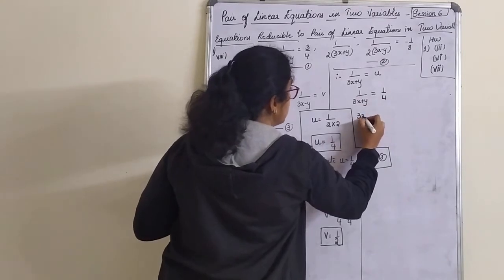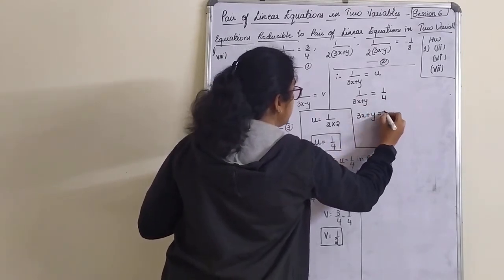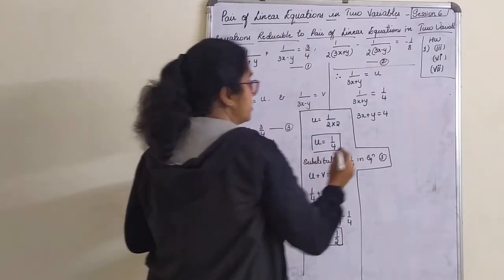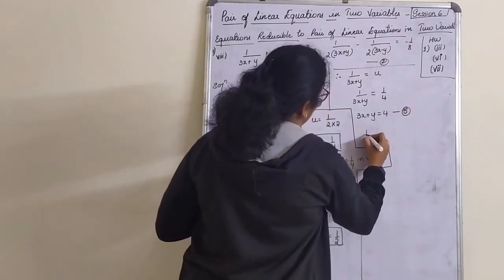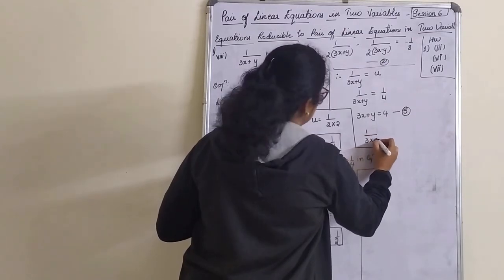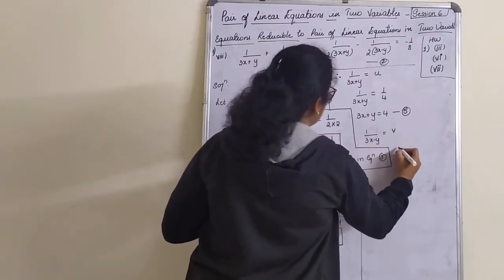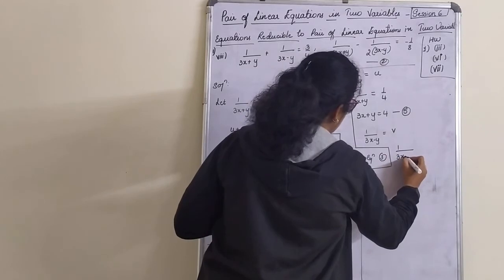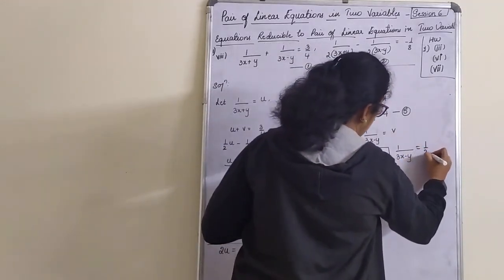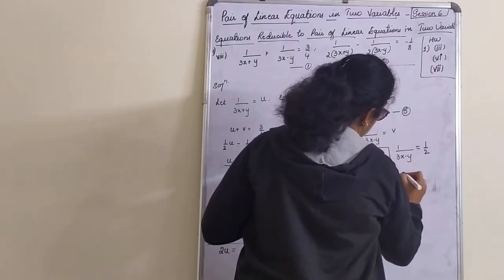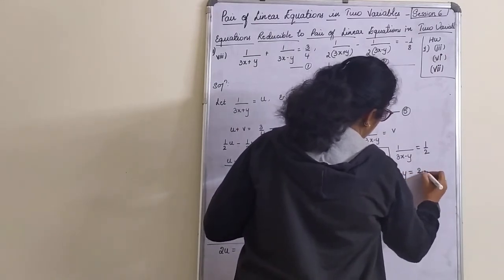This implies 3x plus y is equal to 4. Which equation? Equation 5. Next, 1 upon 3x minus y is equal to v. 1 upon 3x minus y is equal to 1 by 2. So 3x minus y is equal to 2.